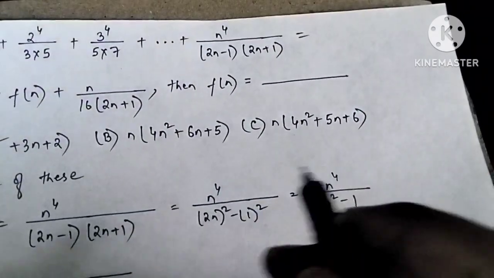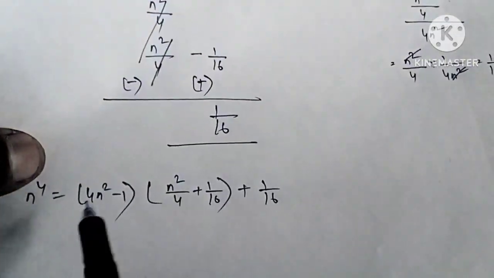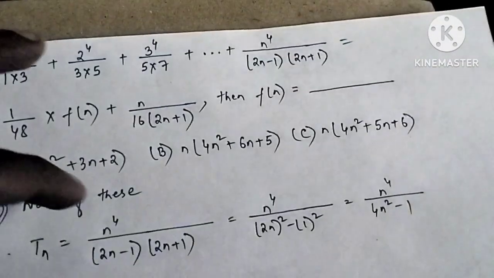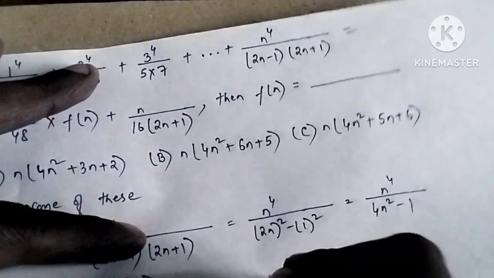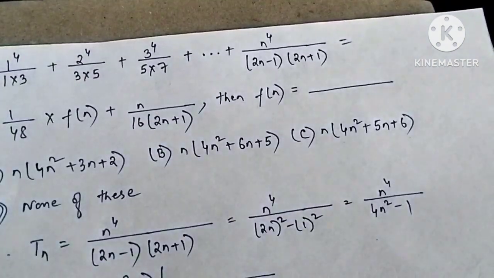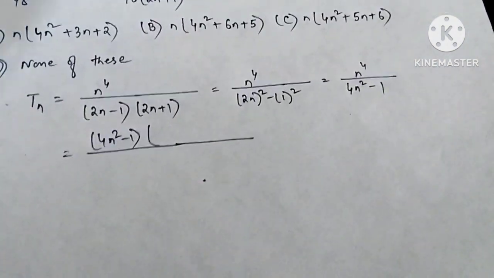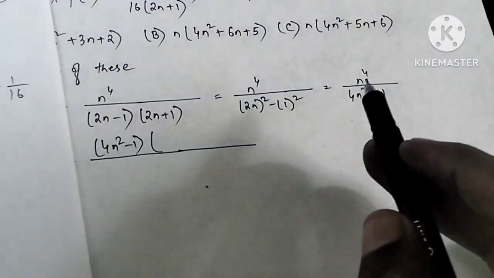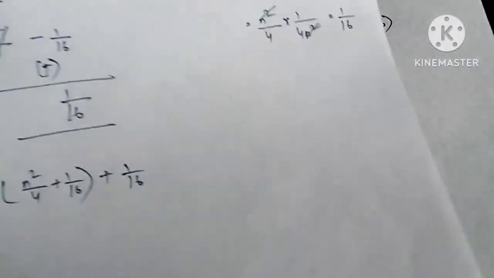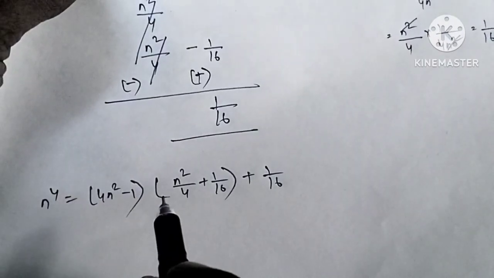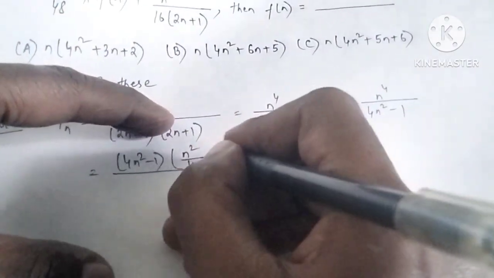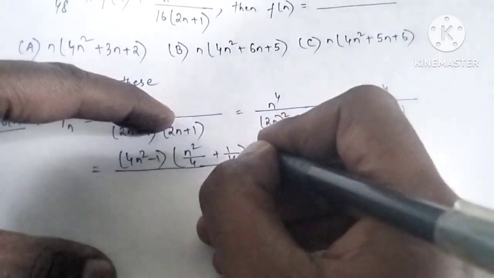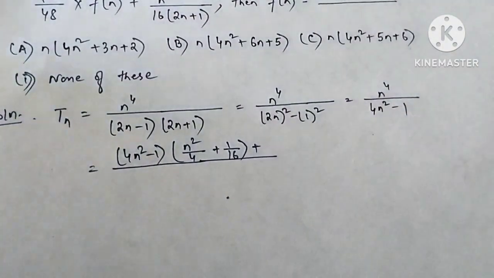In place of n to the power 4, I am writing 4n square minus 1, bracket, n square by 4 plus 1 by 16, bracket, plus remainder.